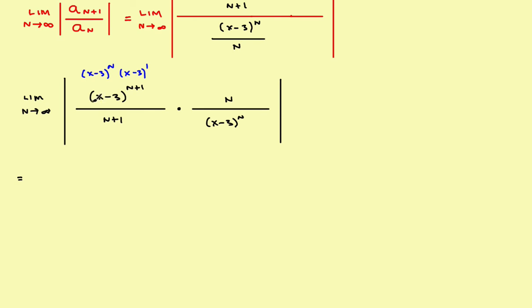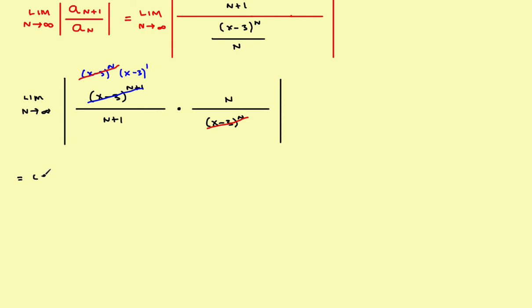So if you spread it out like this, we'll replace this one with these two. And the reason you're doing that is that will allow you to cancel some stuff out. So in this case, here's an x minus 3 to the n power in the bottom, and x minus 3 to the n power in the top. This one will cancel out this one, and it's going to leave you then with this.